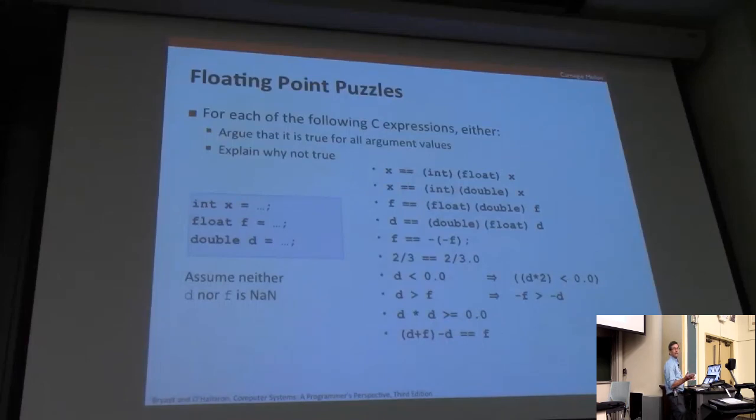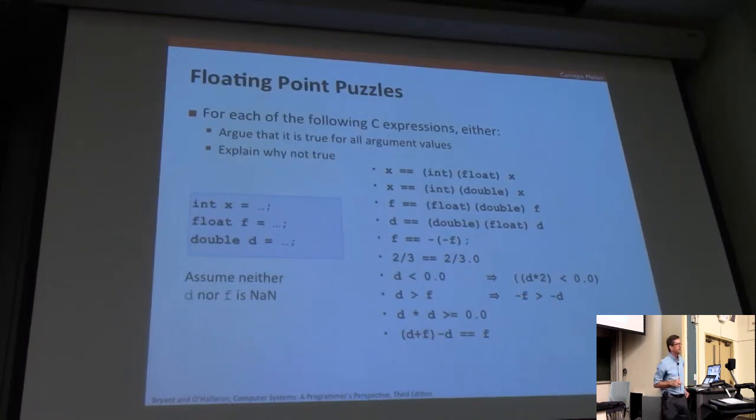Yeah. No matter what, even if 2 times d overflows, it'll overflow to negative infinity, which is less than 0. Okay, does d greater than f imply that minus f is greater than minus d? Yeah, that's that monotonicity, right?